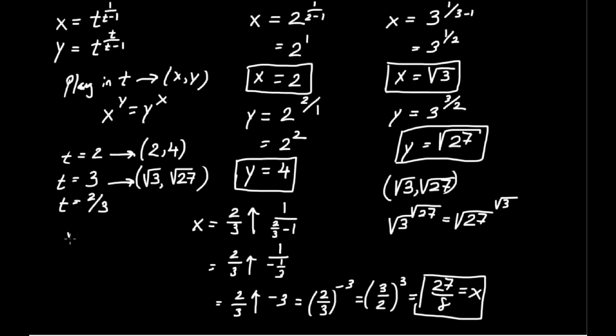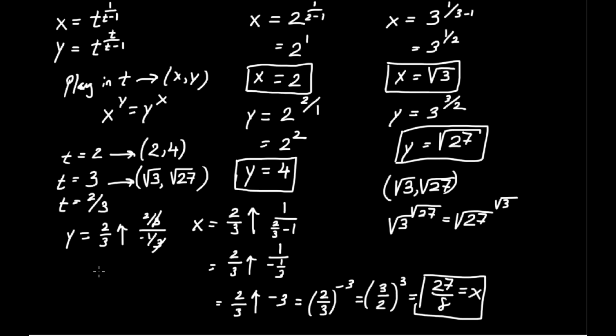And now let's calculate the corresponding y value. So again, I plug it in, the 2/3 over 2/3 minus 1, but we saw before that that's equal to minus 1/3.